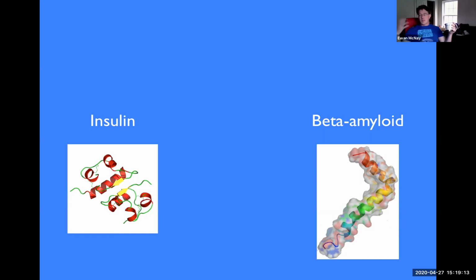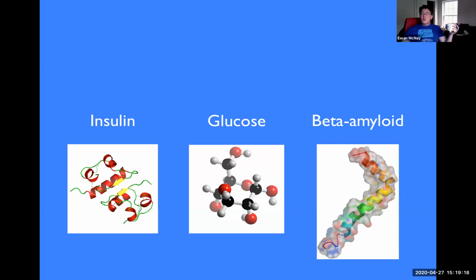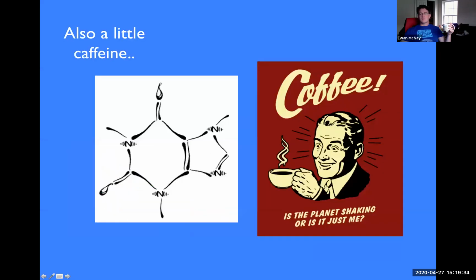We've seen it builds up and causes those plaques in the Alzheimer's brain. And they both modulate glucose. They're both able to regulate brain metabolism. They both cause changes in brain metabolism when given either short-term or long-term. So we're going to talk about a bunch of studies that implicate glucose metabolism as being a key player in these two effectors of disease states. We'll talk a little bit about caffeine at the end.